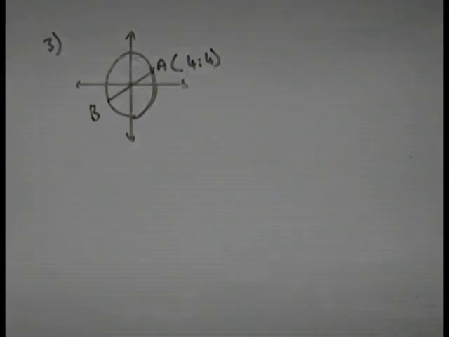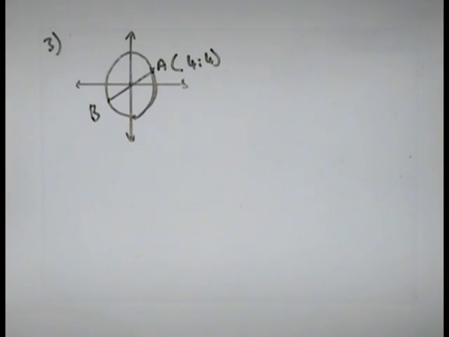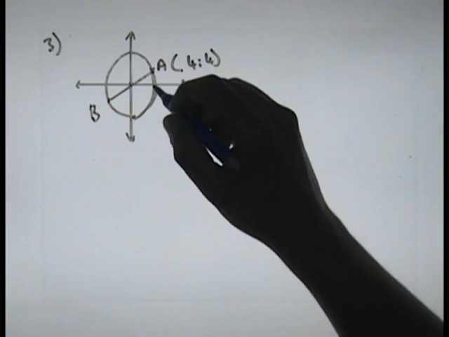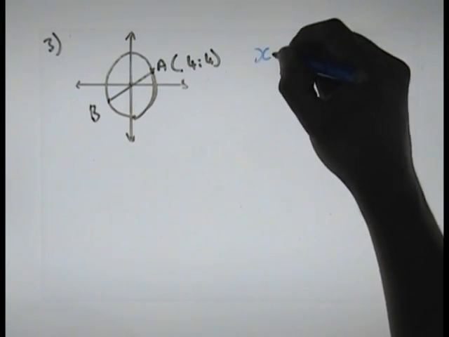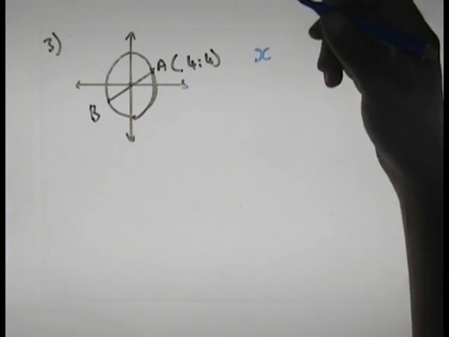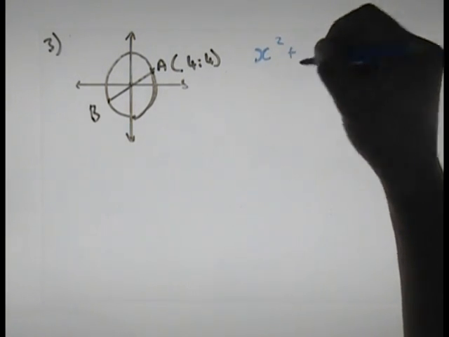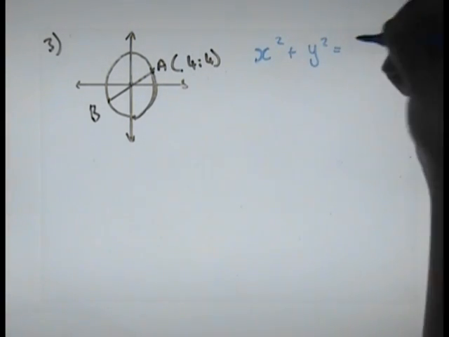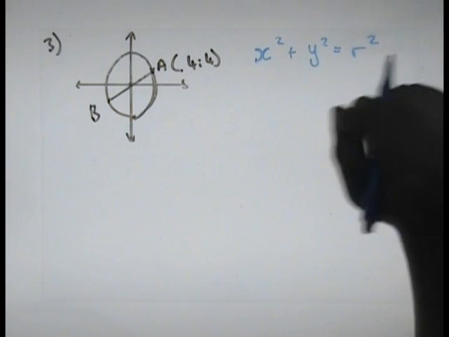The third one I gave you to do had a circle centered around the origin with diameter AB and point A given as 4, 4. The first thing I asked you to do was to find the equation of the circle. Remember, the standard circle that's centered around the origin has the equation x squared plus y squared is equal to r squared.